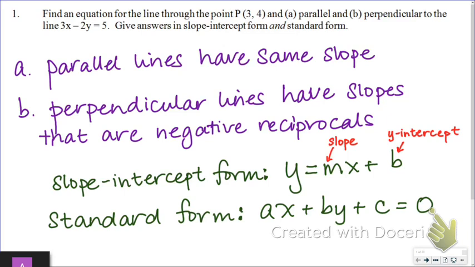So I would say that you probably want to start by finding the slope of this line and then you can use that slope with point P for part A, and then you can use the negative reciprocal slope with point P for part B. I've also identified the 2 different forms here at the bottom, slope-intercept form, y equals mx plus b, and standard form, ax plus by plus c equals 0.